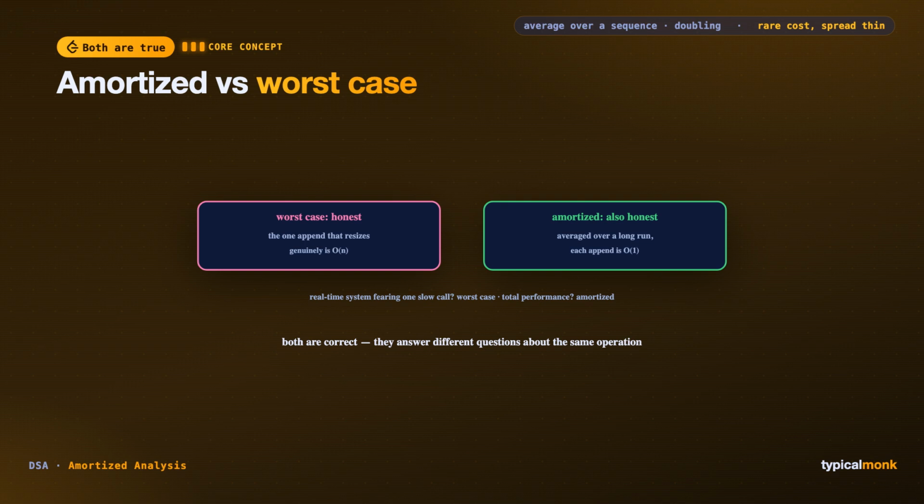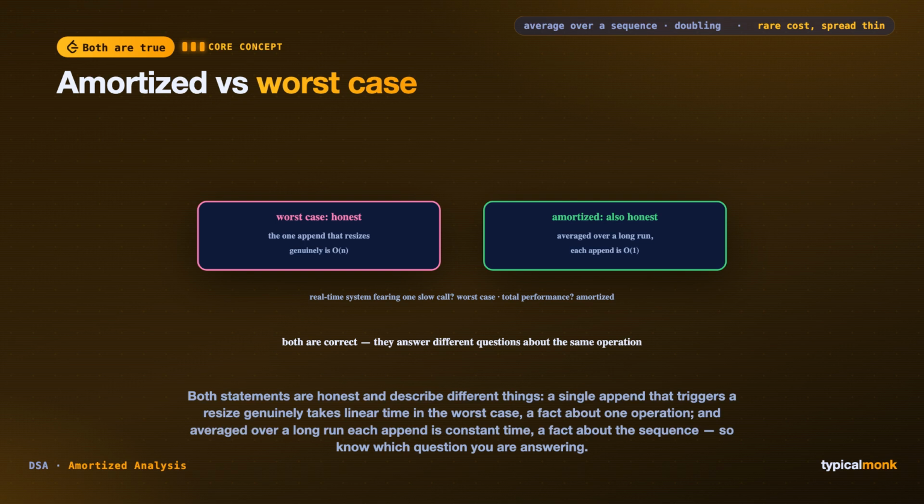If you care about total performance over many operations, which is usually what matters, you care about the amortized cost. So the takeaway: a single append can be linear in the worst case, yet every append is constant time amortized. Both are correct because they answer different questions about the same operation.